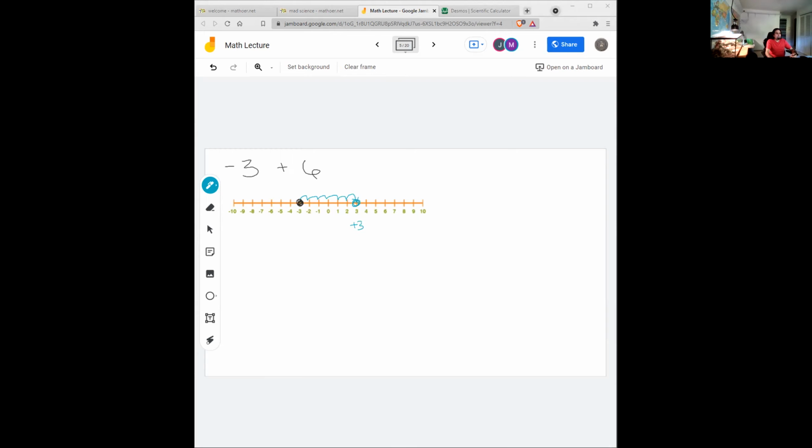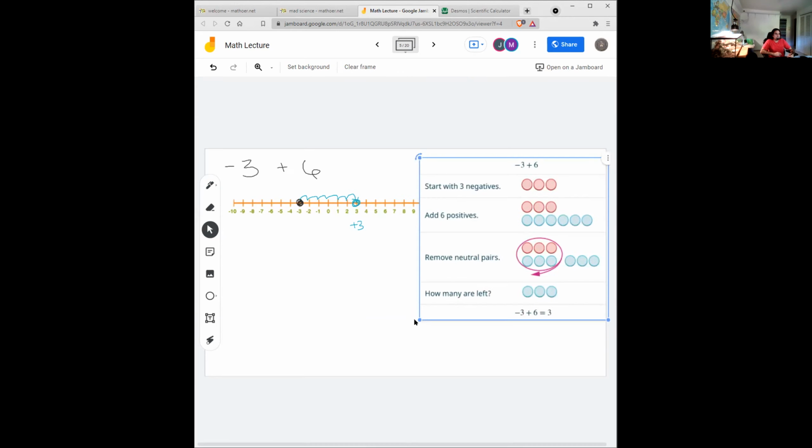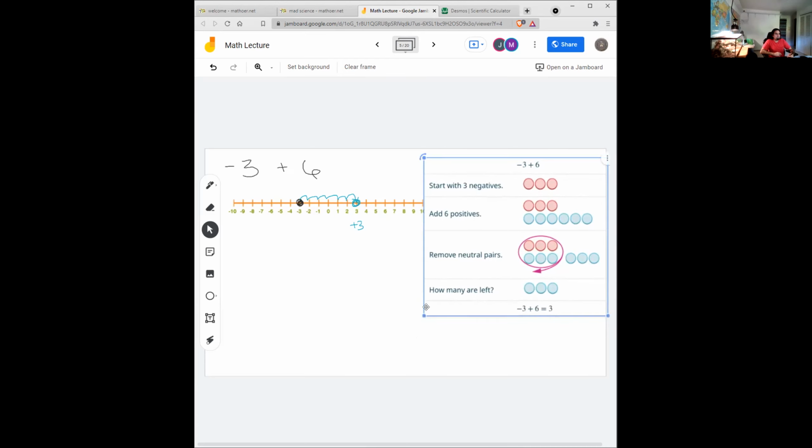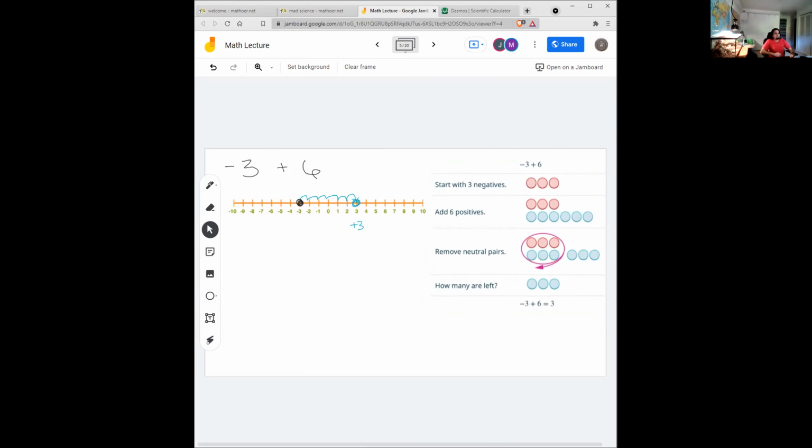Let me go back and grab that. Okay, so that's the way the textbook explains it. -3 is 3 negative dots.